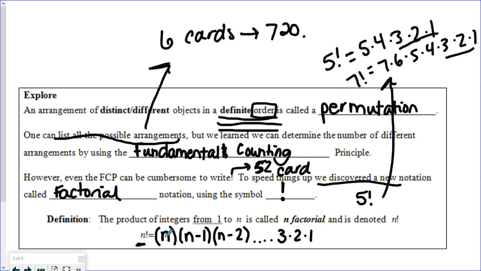So whatever your number is here, you just keep counting down by ones until you get to times 3 times 2 times 1. Just as a note, n needs to be a natural number. So it can't be 0 and it can't be negative either.